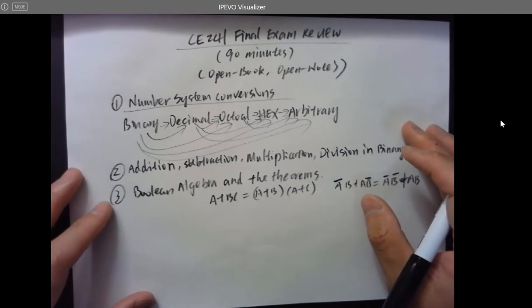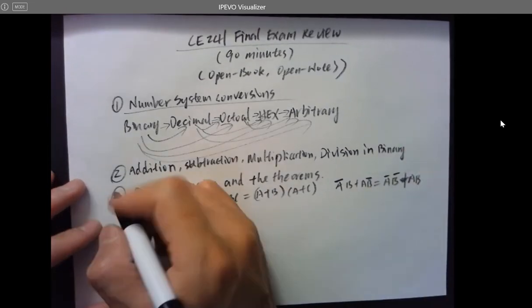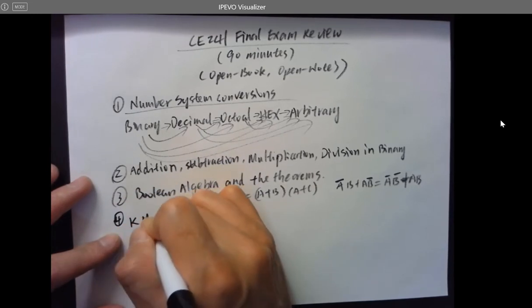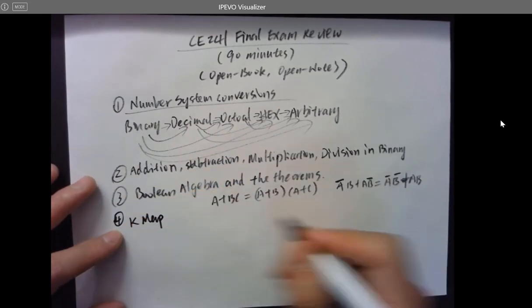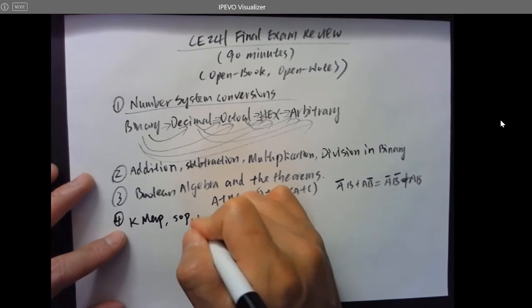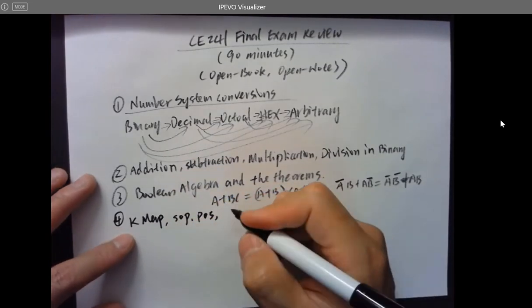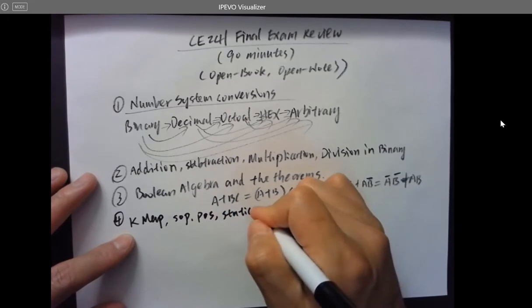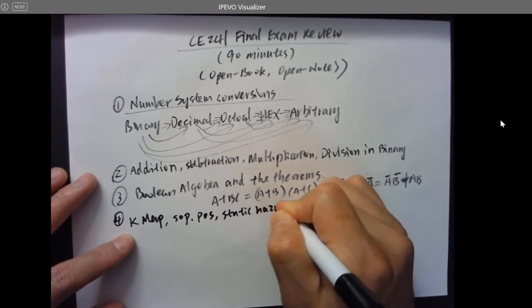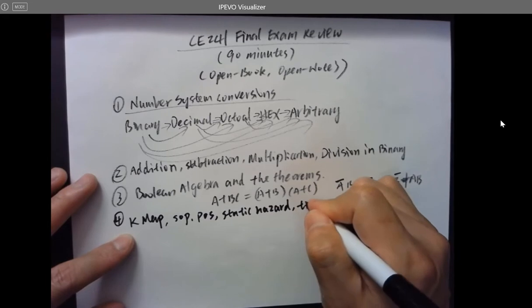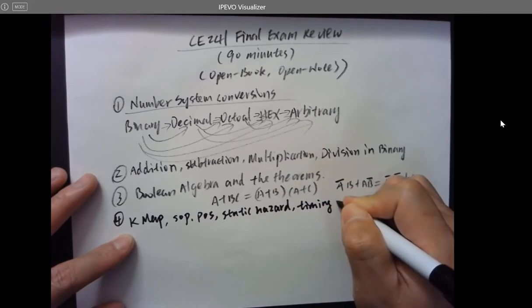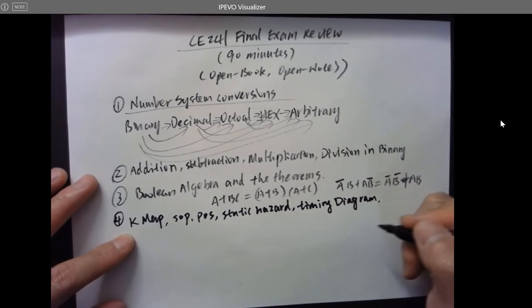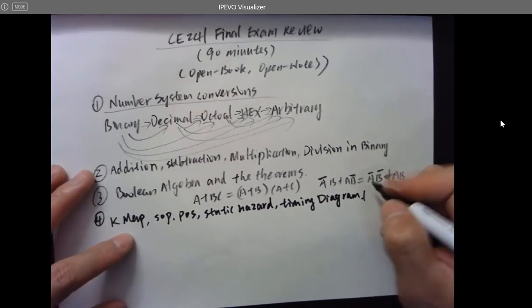And then we move to K-map, SOP, POS, things like that, and static hazard, and timing diagram. This involves a time delay.